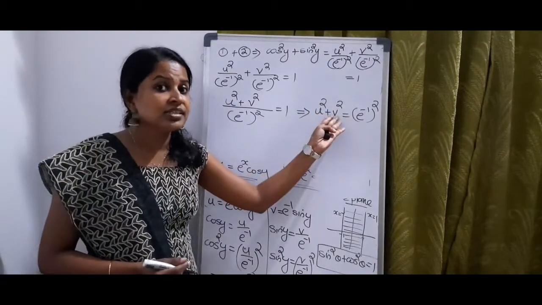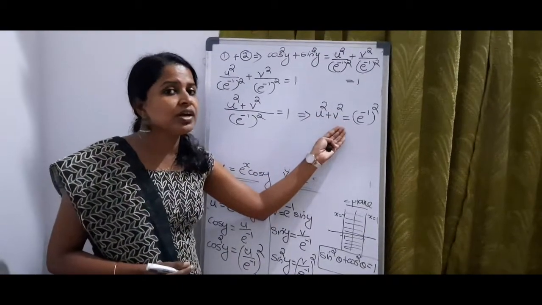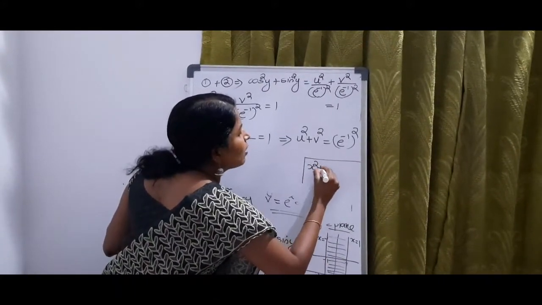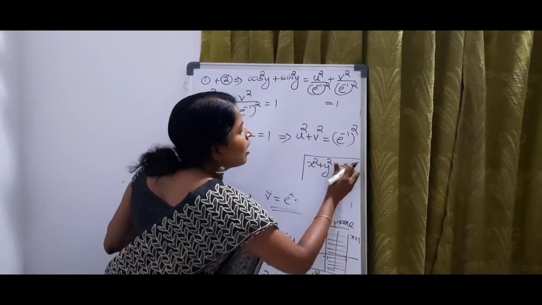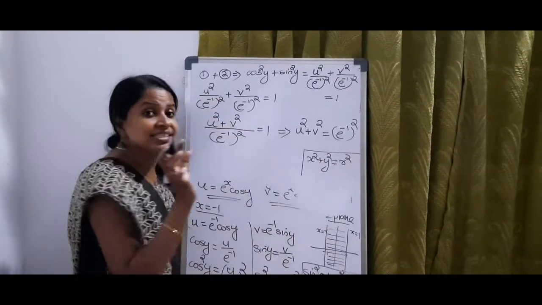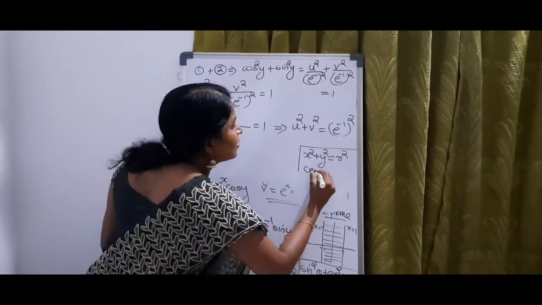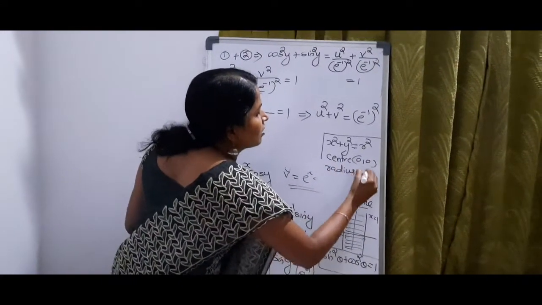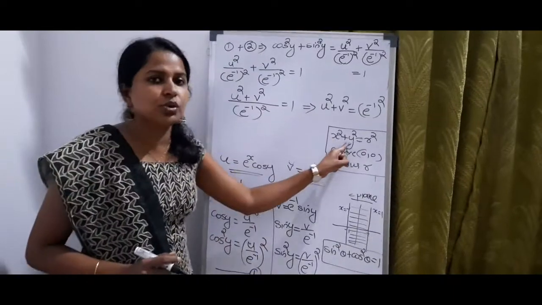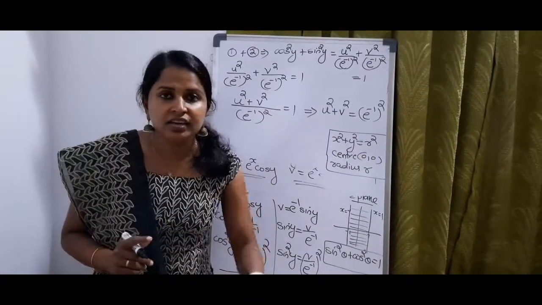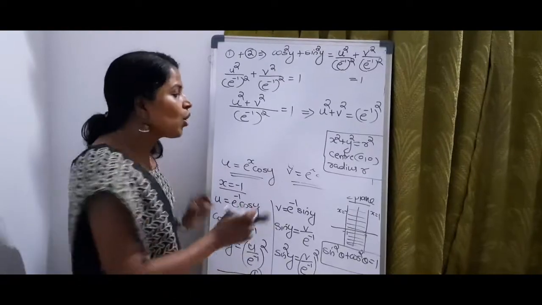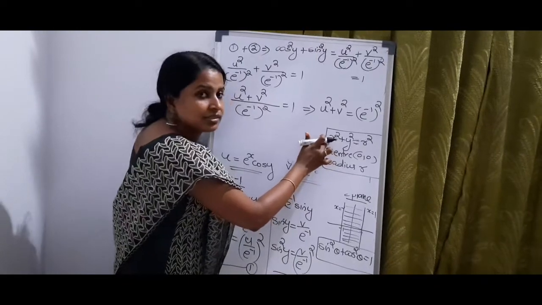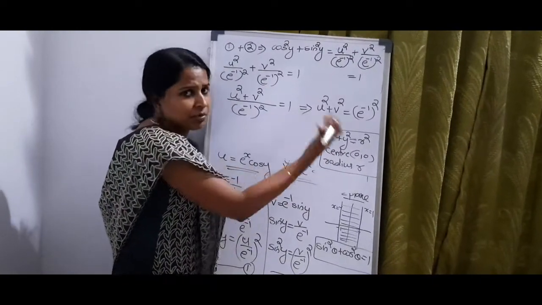What is this? This is the equation of a circle. Listen, the general form: x² + y² = r² is a circle with center (0, 0) and radius r. Here instead of x, we have u, the real axis.